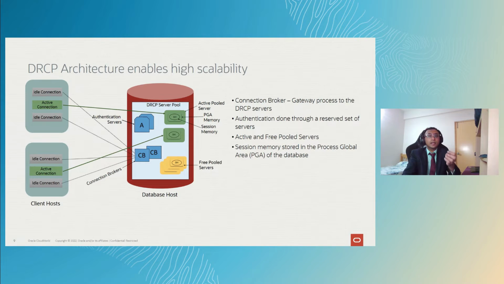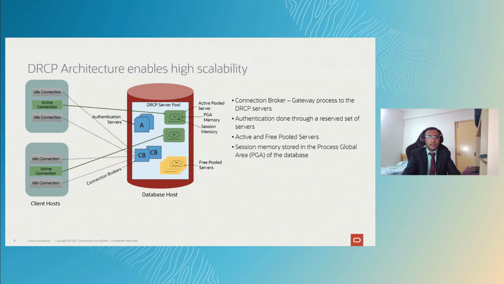First, the connection broker will authenticate the connection request by using a reserved set of processes from this same DRCP pool called authentication servers, that you see on the left of the DRCP server pool. Around 5% of the current pool servers are reserved for authentication. Now, a server process from the free pool will become active when it is selected by the connection broker and connected to the client for the database activities.